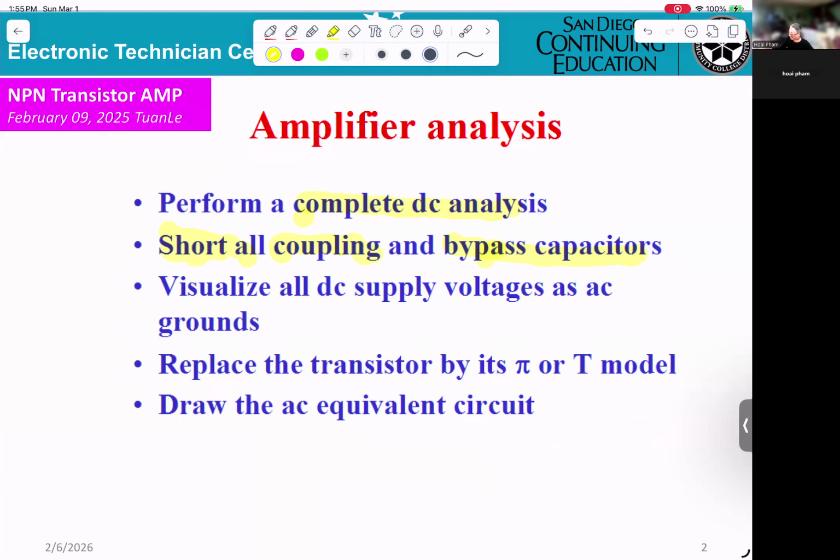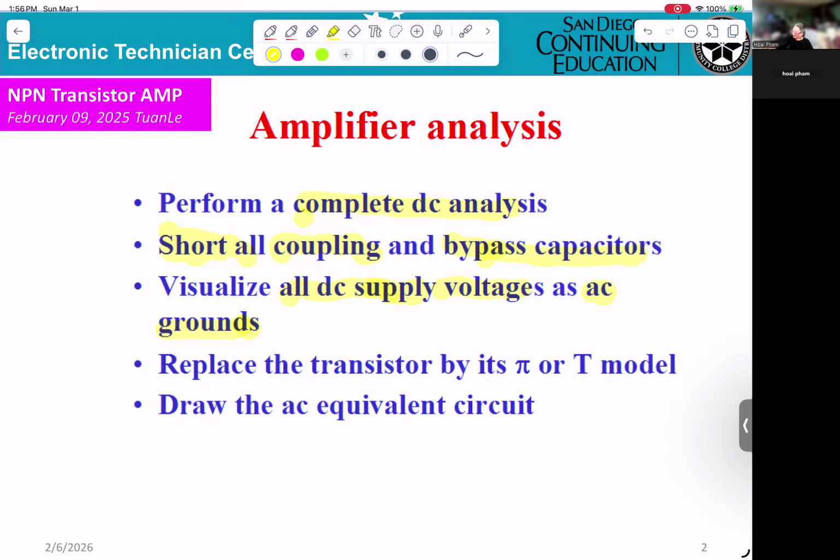Next, visualize the DC supply, like a power supply, as an AC drive. That only tells you that in AC you don't see any DC power supply. That power supply must be shorted.